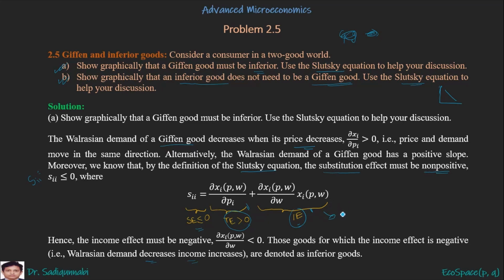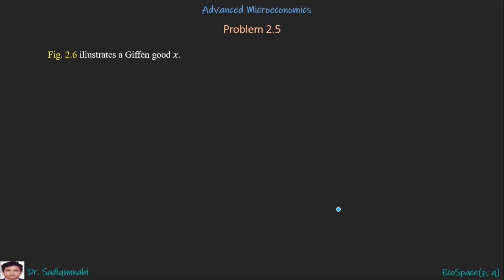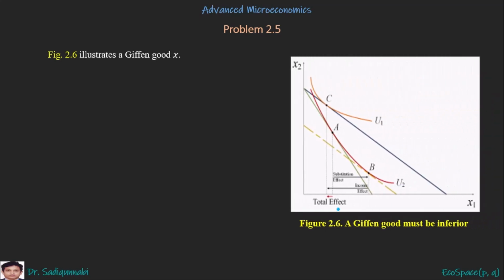So when there is a negative relationship between income and Marshallian demand for a good, then it is an inferior good. We can depict this by a graph, figure 2.6. A Giffen good must be inferior.